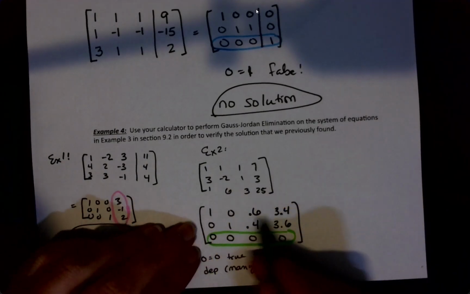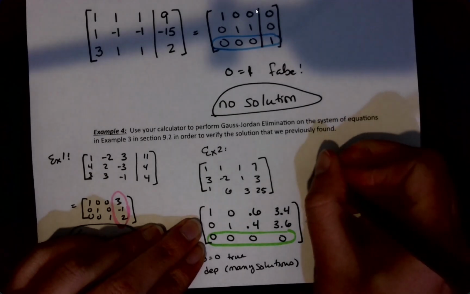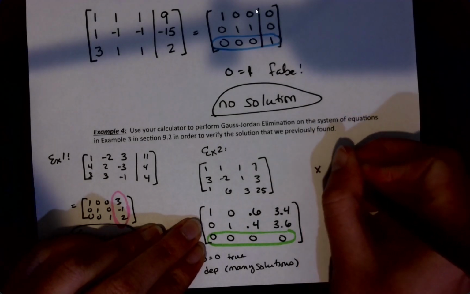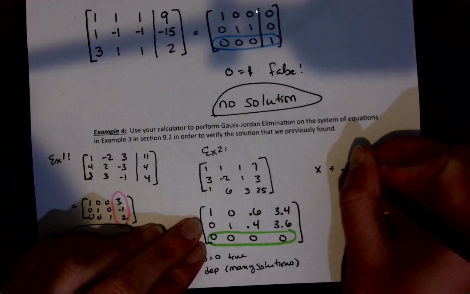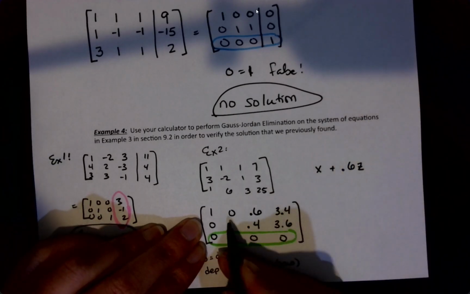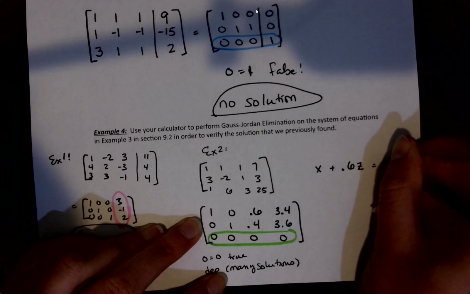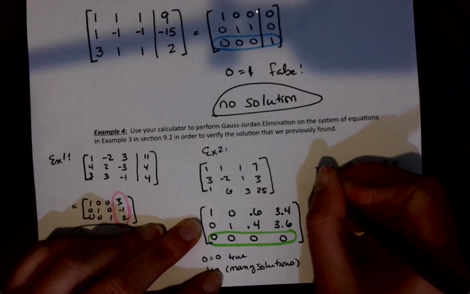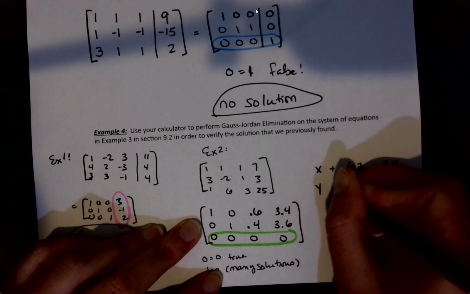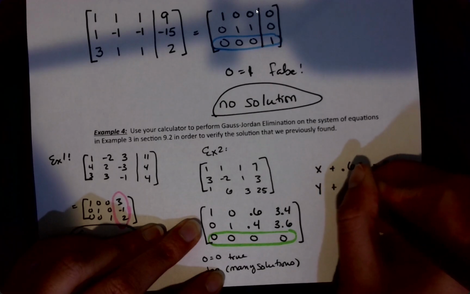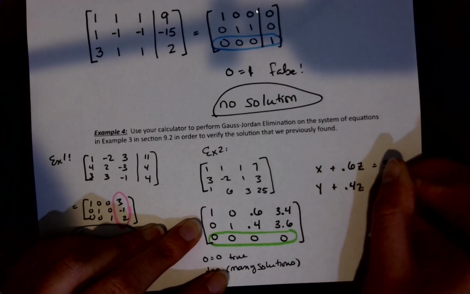If I look at the top line here, I have 1x plus 0.6z equals 3.4, 1y plus 0.4z equals 3.6.